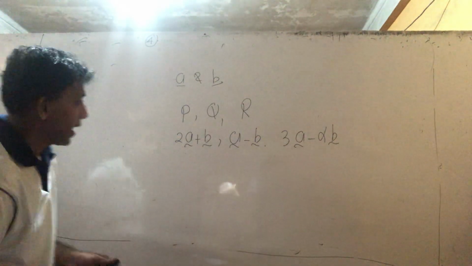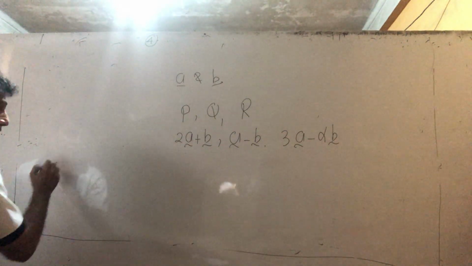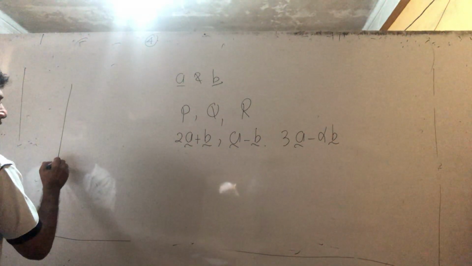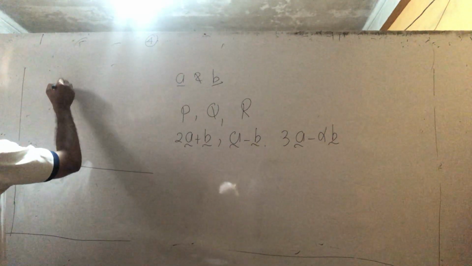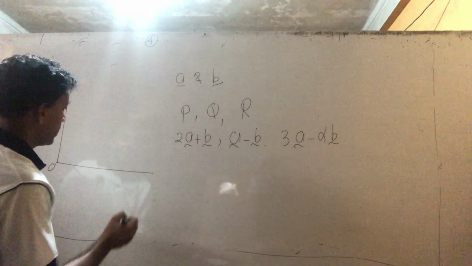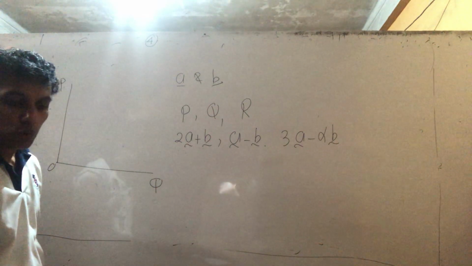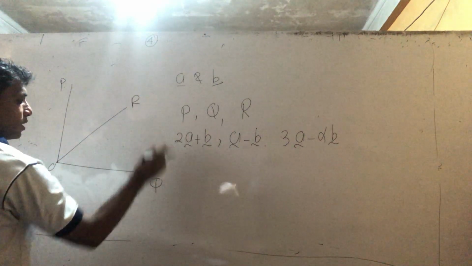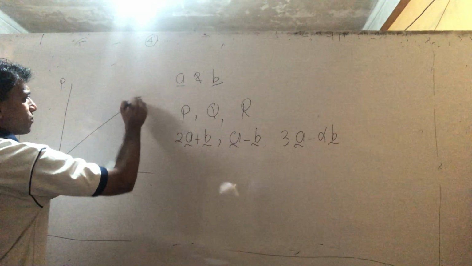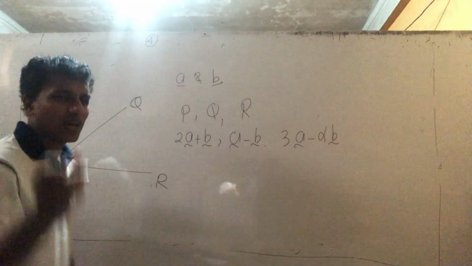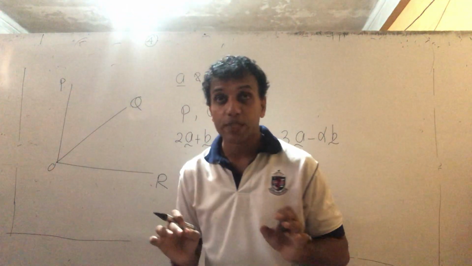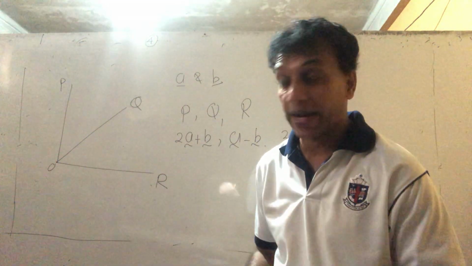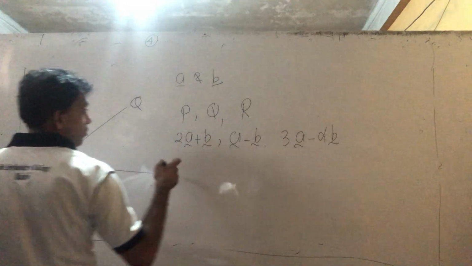Okay, I'll show by a diagram. I take the origin as O, any point is O, and the 3 points shown: here P, here Q, here R. O is the origin, the reference point, and related to O we define these position vectors.